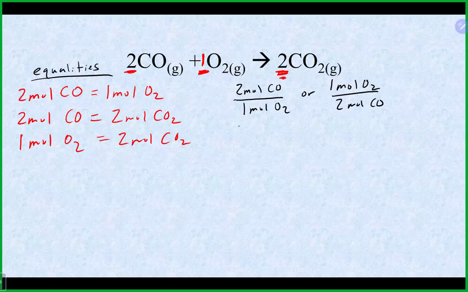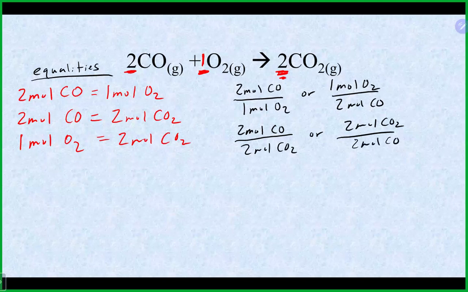For the second one, we could say we have 2 moles of CO over 2 moles of CO2, or we could flip it around, 2 moles of CO2 up on top and 2 moles of CO on the bottom.